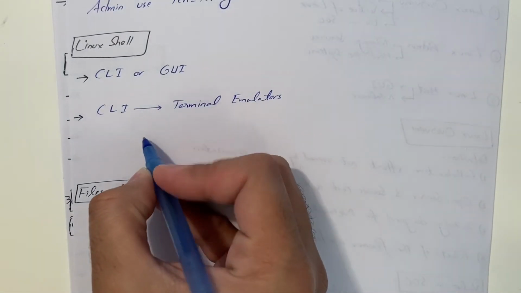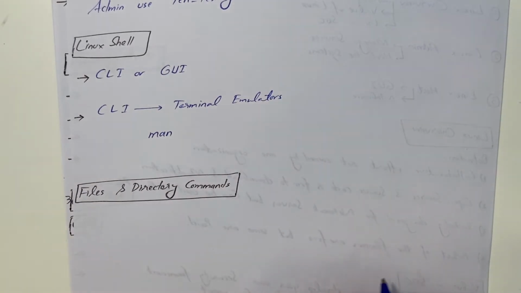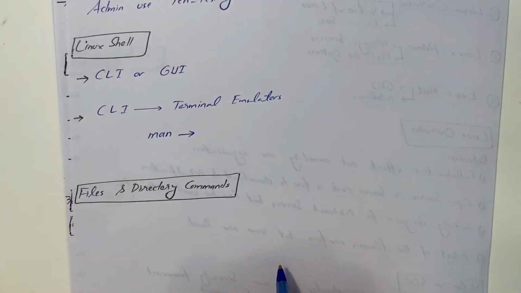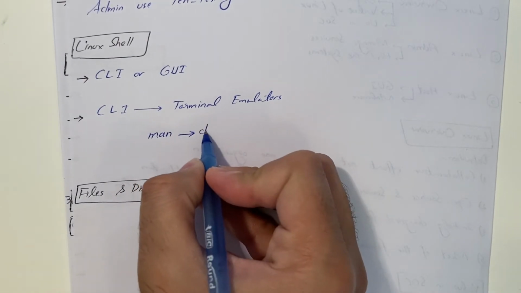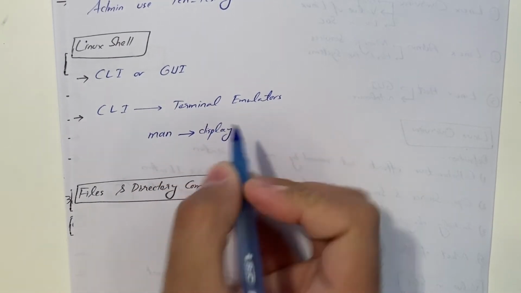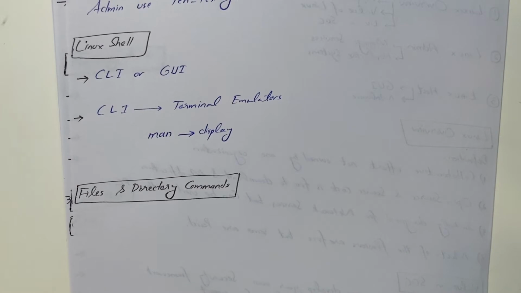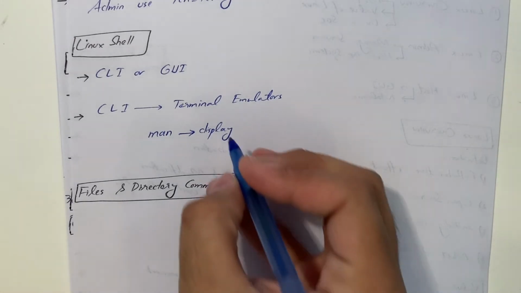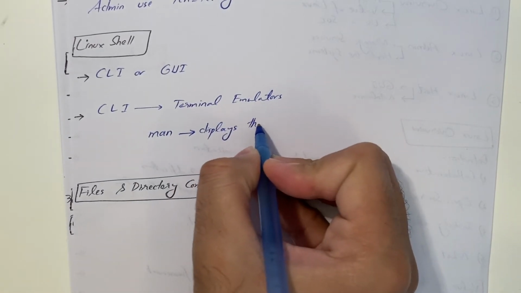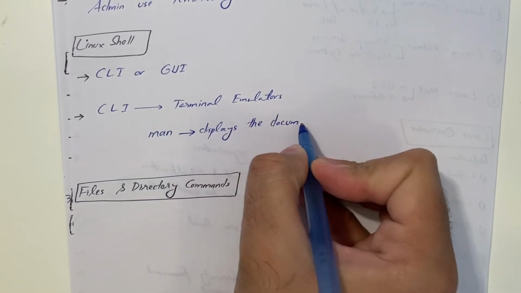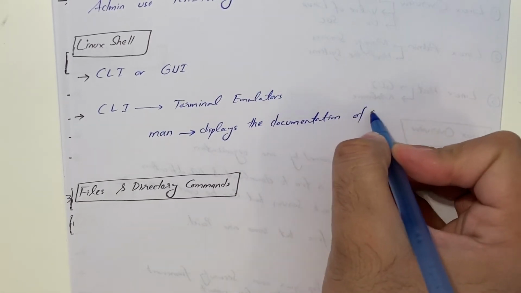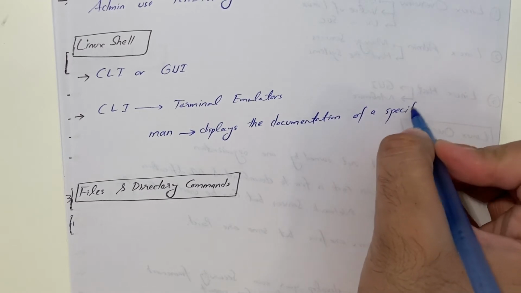But one command which is very commonly used is called man. Man stands for manual. If you type man, space, and the command you want to learn about, it displays the documentation of that specific command.